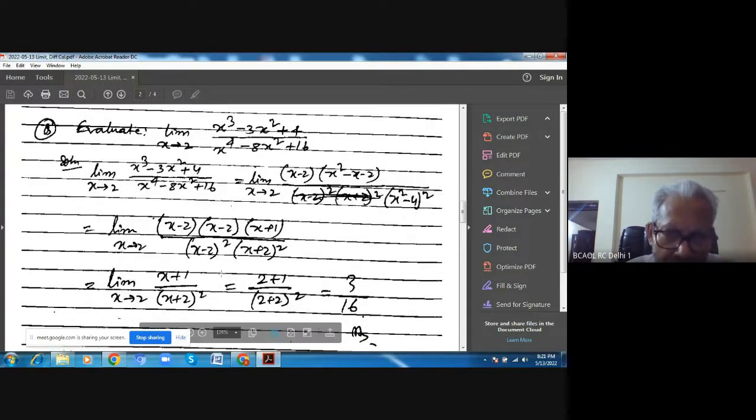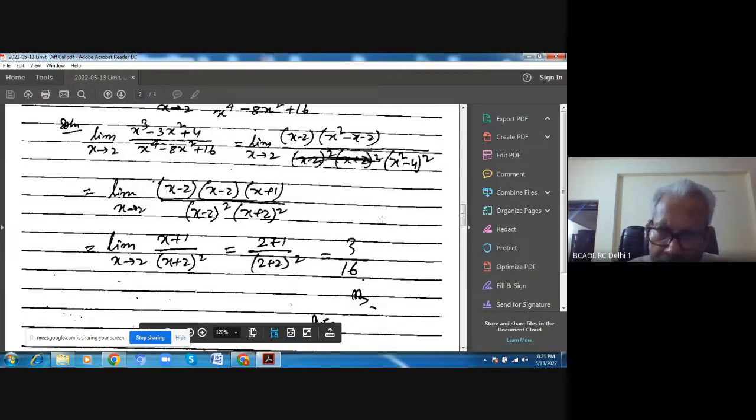The limit we are not writing here, and the value x tends to 2, that x value equal to 2, we are putting here. Because x plus 1, now here 2 plus 1. After the simplification, in the last you only have to put the value, and you will get the result. This is your function value, limit value.